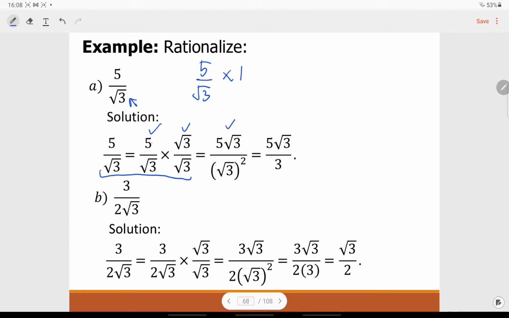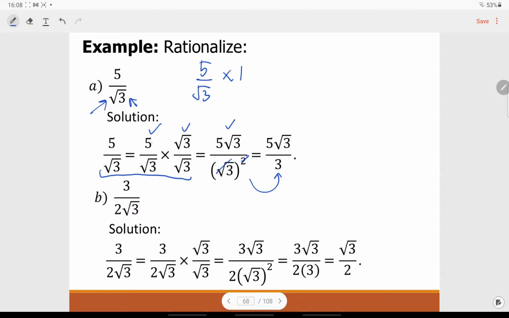In the denominator, surd 3 times surd 3 gives surd 3 squared, so we can eliminate the square and the surd, and the remaining value is 3. So now we have 5 surd 3 over 3. This is what we call rationalizing the denominator. Previously we had a surd in the denominator, but in the final answer the denominator is a non-surd value.